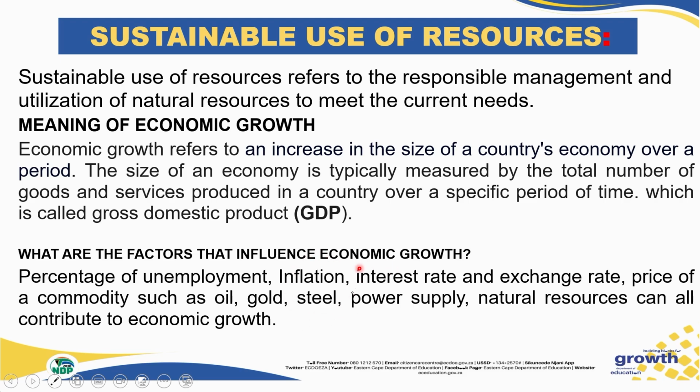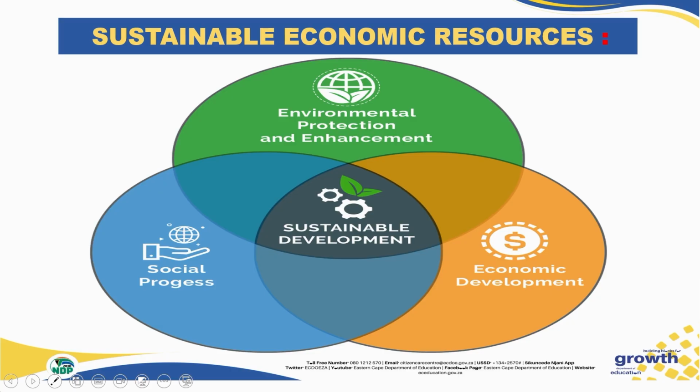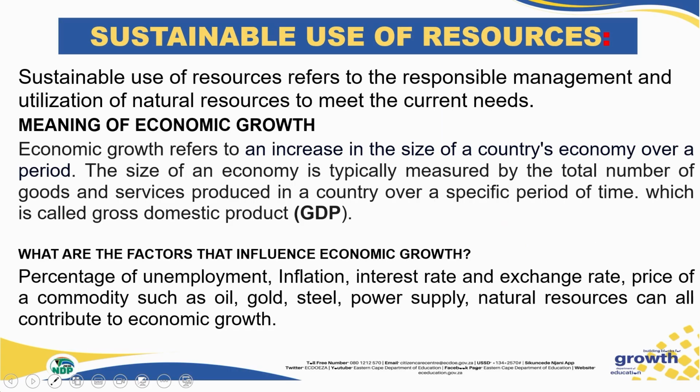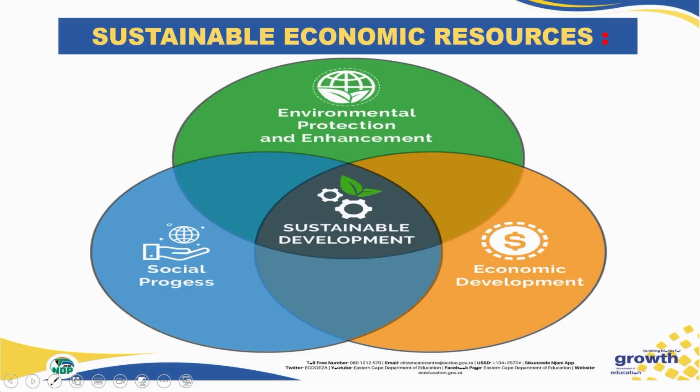The steel, the power supply, and also natural resources can all contribute to economic growth. That is to make sure that in the economy there is an improvement by using those particular resources.